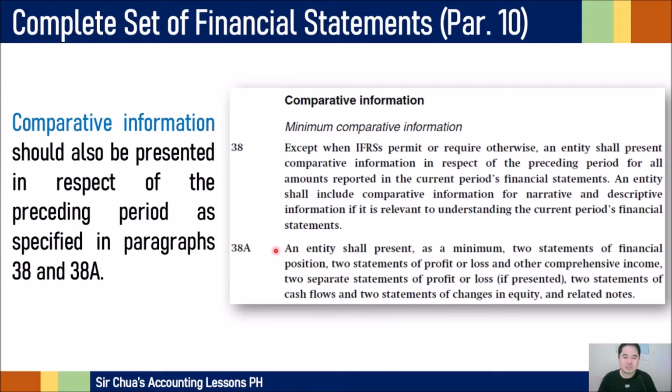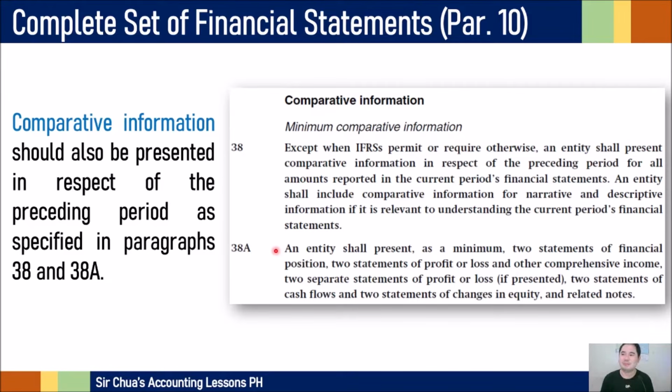An entity shall present as a minimum 2 balance sheets, 2 income statements, 2 cash flows, and 2 statements of equity. And syempre, kapag ka po pinresent natin yung ating notes to financial statements, yung mga supporting calculations po natin doon and other information, dapat comparative din po.